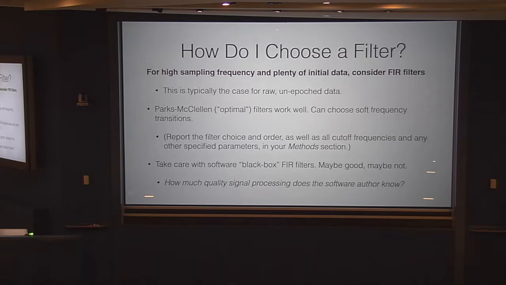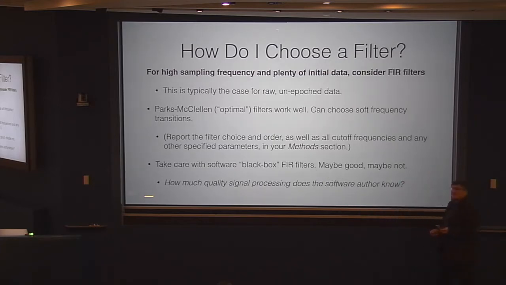Maybe it'll tell me what the order was. Actually, I'm usually not told what the order is. I'm usually told what the cutoff is, but even then, not so much. Please, if you put any work into choosing your filter, report what it is, so that when we see something as a reviewer or a reader, we know it's not an artifact, that it's really something from the brain.